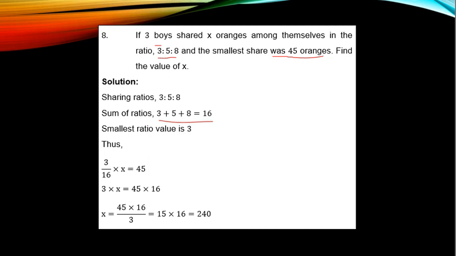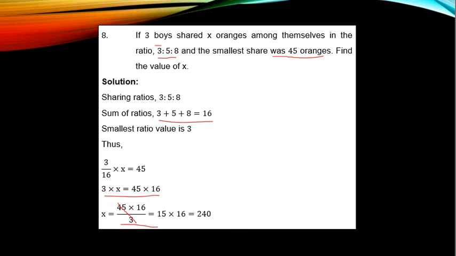If you cross multiply, you have 3 times S equal to 45 times 16. Divide both sides by 3. S is equal to 45 times 16 over 3. By the time you divide 45 by 3, you have 15 times 16, and that is 240. So all the oranges shared is 240.